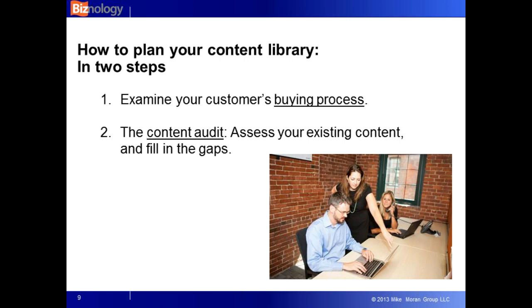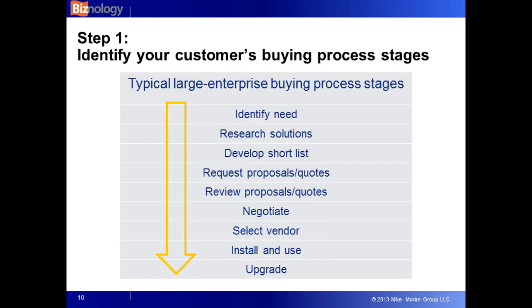It's a much better idea to think about it strategically and put your content planning into the context of, guess what, your customer. So step 1, to begin with, is to take a deep dive into how your customers buy.